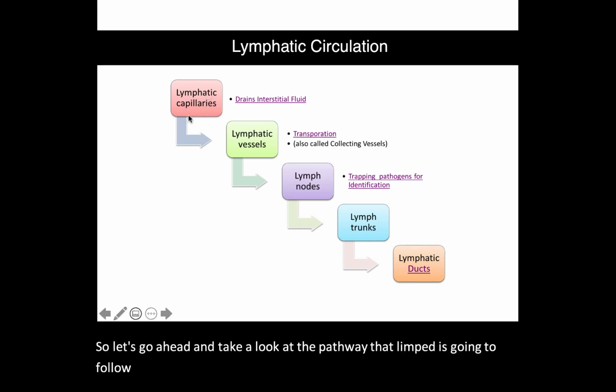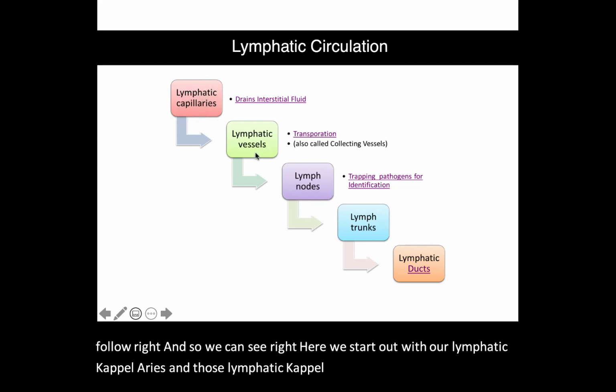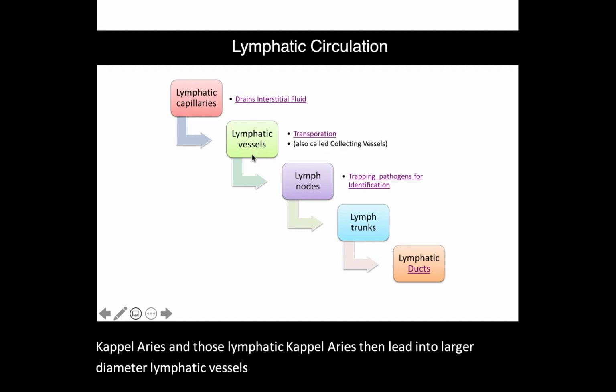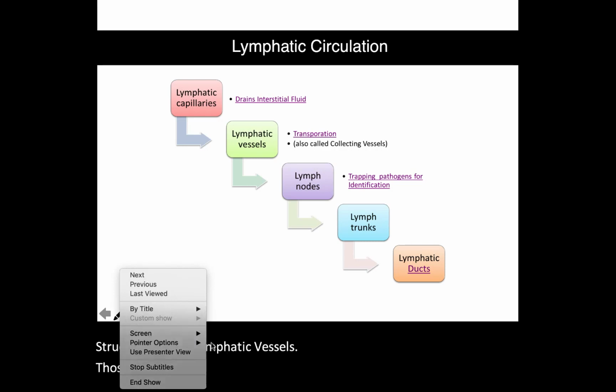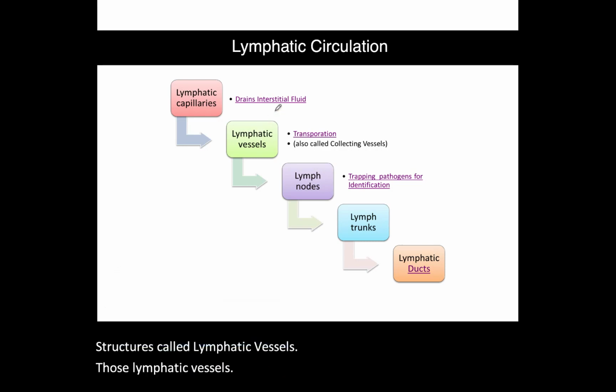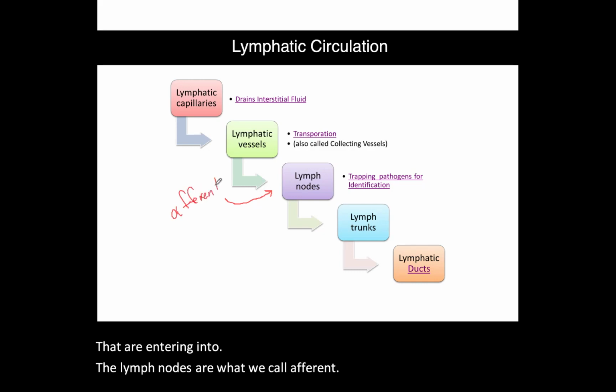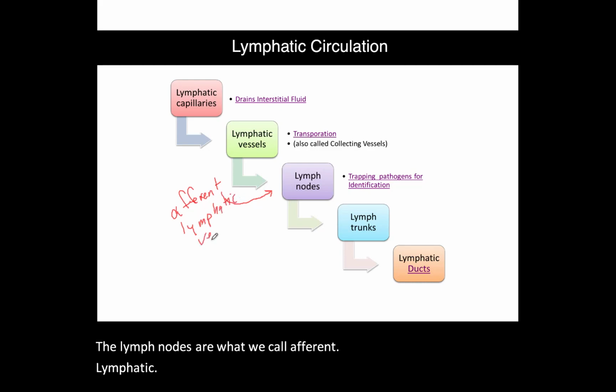Right? And so we can see right here, we start out with our lymphatic capillaries, and those lymphatic capillaries then lead into larger diameter lymphatic structures called lymphatic vessels. Those lymphatic vessels that are entering into the lymph nodes are what we call afferent lymphatic vessels.